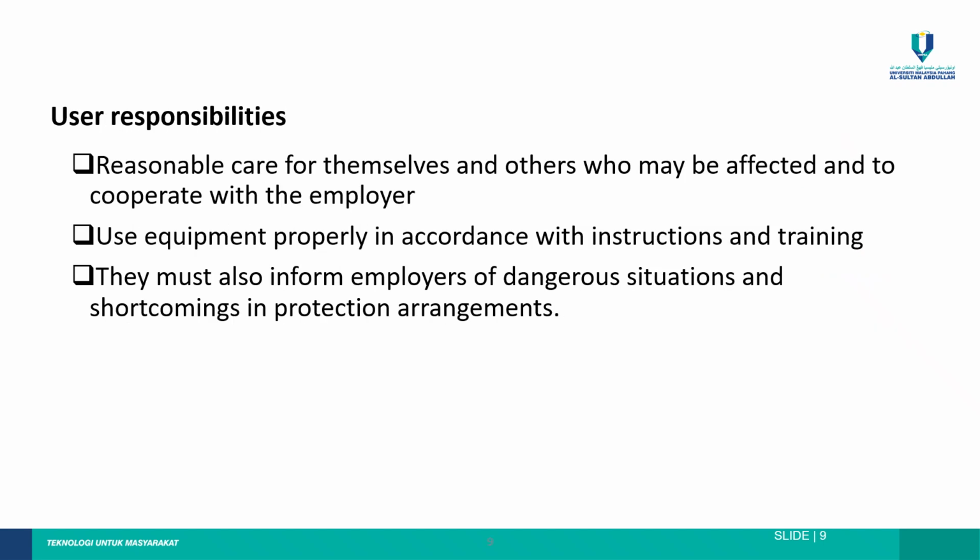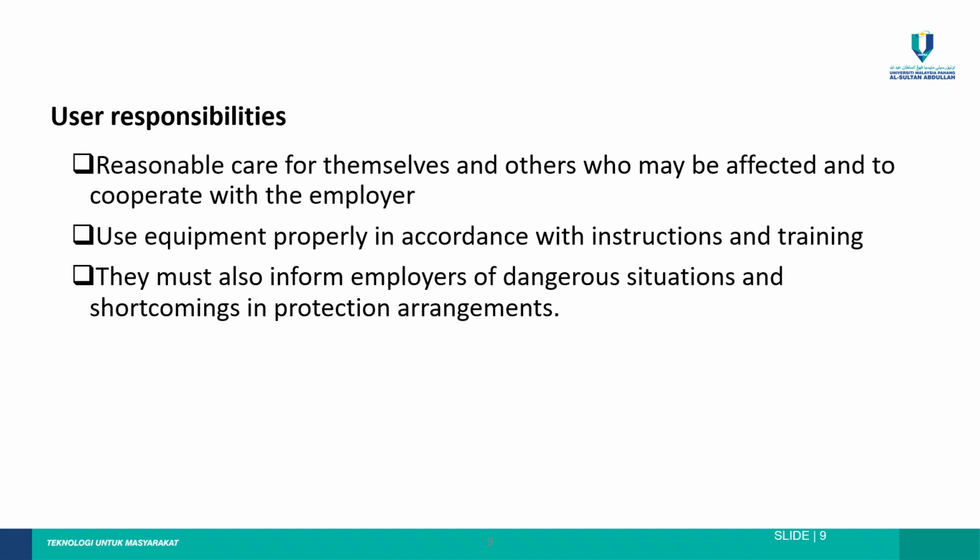This is the crucial one, which is the user responsibilities. It is a duty of the employee, as stated in OSHA 1994, that the employee should take reasonable care for themselves and others when they are using a certain type of equipment. They also should use the equipment based on the instruction and training that have been provided. So they shouldn't take a shortcut.